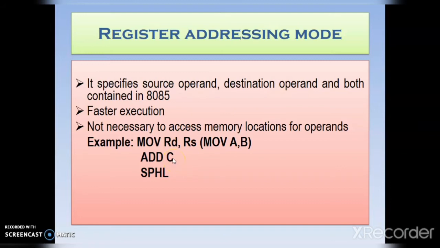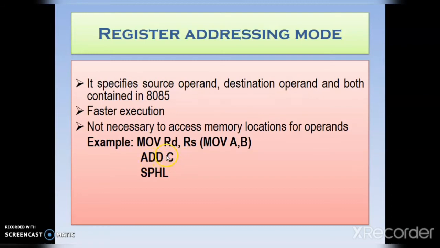Here it adds the contents of register C to the contents of the accumulator. That is, we have to add a minimum of two numbers: one number is stored in the C register and another number is already stored in the accumulator. So we add the contents of the C register to the contents of the accumulator, and after the addition operation it stores the result in the accumulator. This is the function of ADD C.